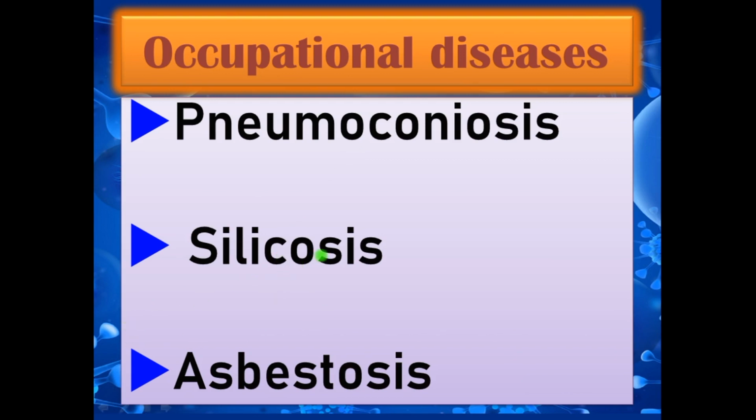Silicosis is related to mining workers, especially in gold, tin, mica, and laborers who are working in quarry, then pottery and ceramics. So people who are working in quarry, pottery, ceramics, and the mining workers, especially gold, tin and mica, have the chance of getting silicosis. Last one is asbestosis.